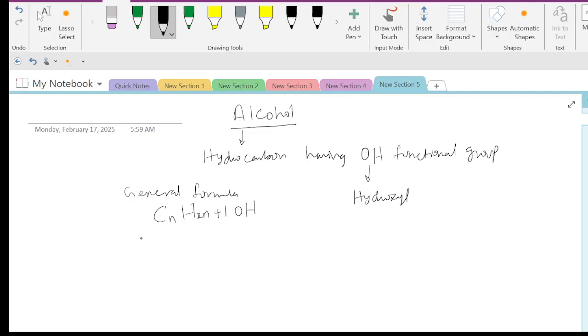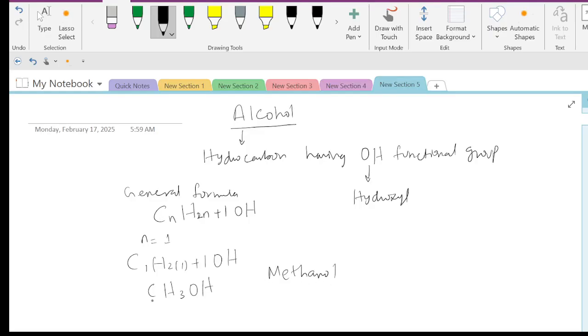Suppose I put the value n is equal to 1, so that is C1H(2×1+1)OH. So it is CH3OH. That is actually methanol.